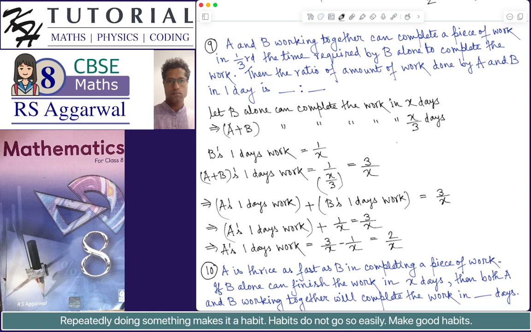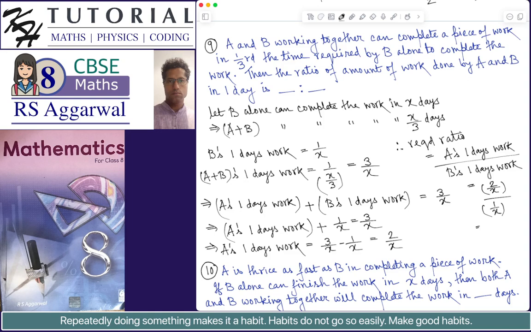So therefore we can say the required ratio will be equal to A's 1 day's work divided by B's 1 day's work, which is equal to A's 1 day's work is 2 by x and B's 1 day's work is 1 by x.